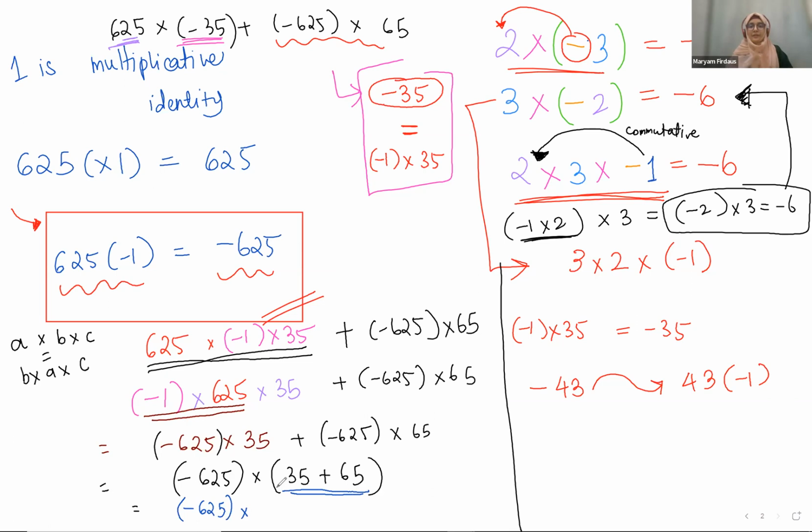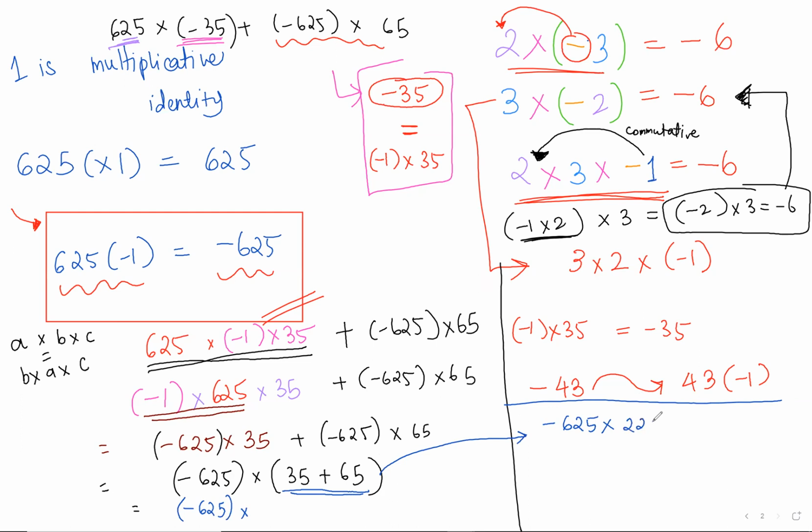First tell me, after this step, what have you written? Minus 625 multiplied by 2275. Okay. Hiba, what is 35 plus 65?